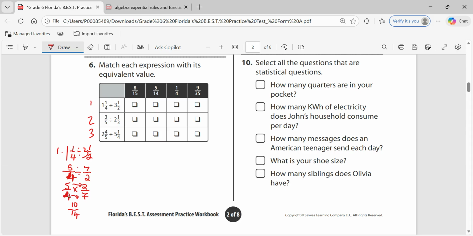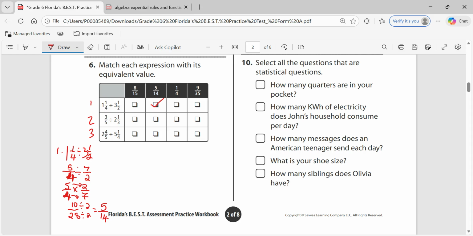I can't rewind that. But 4 times 1 is 4 plus 1 is 5. It's 5 over 4. I apologize. And 4 times 7 is going to give me 28. So now I'm going to simplify 10 divided by 28. What number goes into both of them? They are both divisible by 2. So I can divide the numerator and the denominator by 2, and I get 5 over 14, which is, boom, that one there.